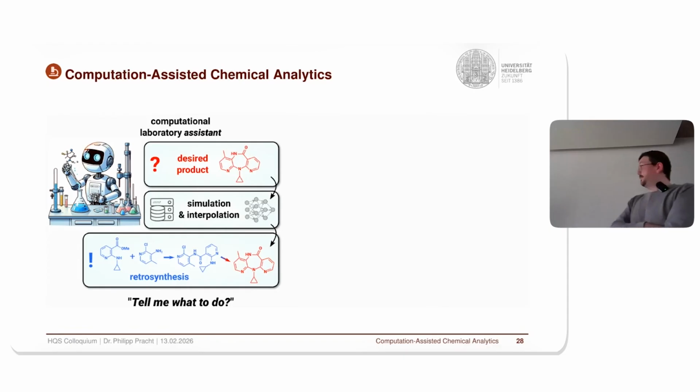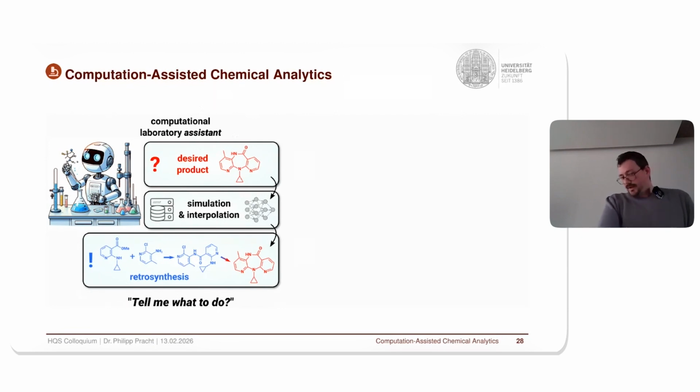One thing that much money and research effort is flowing into is retrosynthesis. In Toronto, they have a $250 million grant right now for this kind of thing. So lab automation: essentially, you have a product and through simulation, you want to design a retrosynthesis. You can see this as kind of a laboratory assistant.